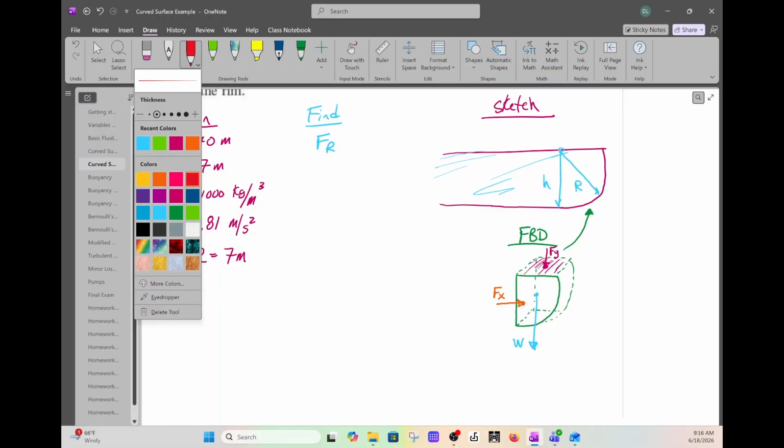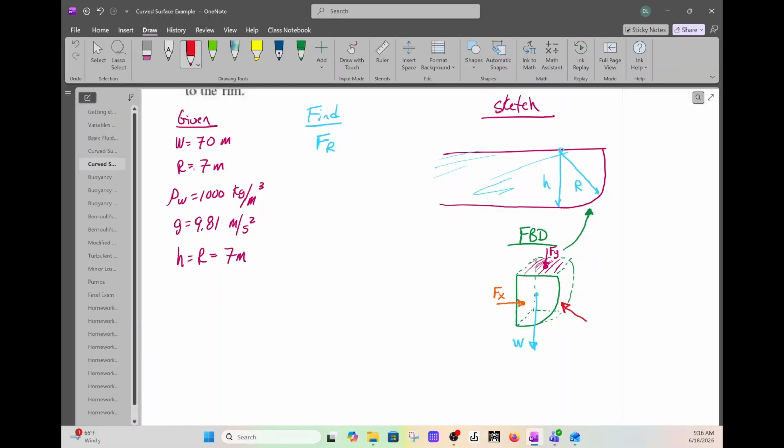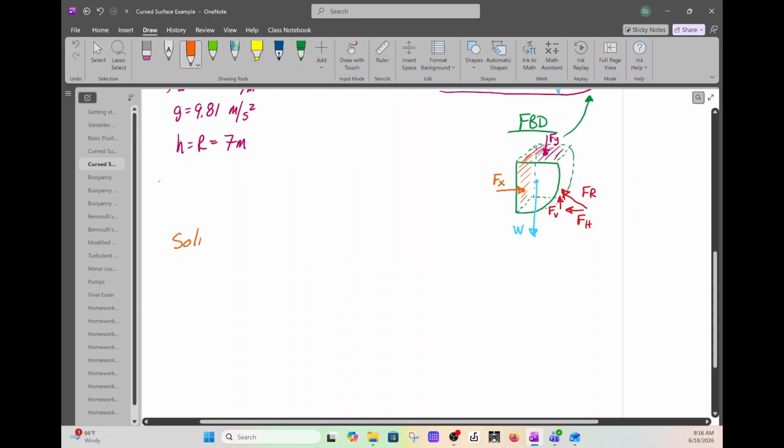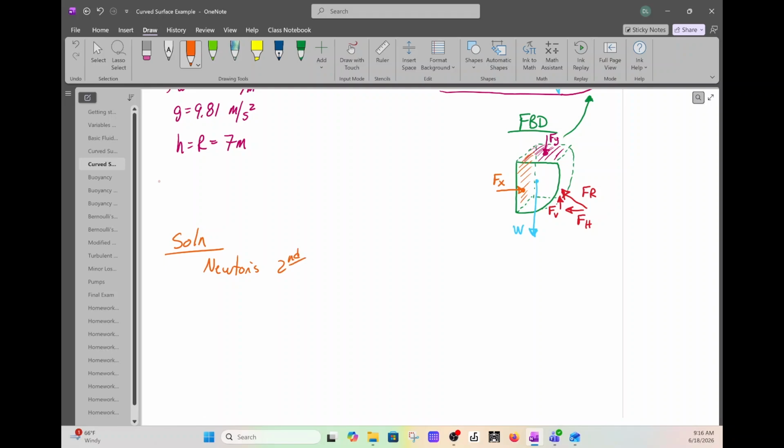And then we have this hydrostatic force, which we can break up into components, FH and FV, horizontal and vertical. And just for completeness, the orange is that left surface. So we're doing a free body diagram on all of those surfaces. All right. So let's write this solution, and it would be Newton's second law.